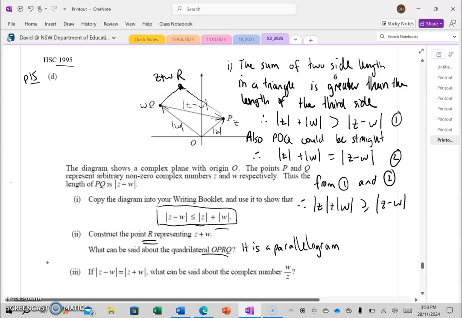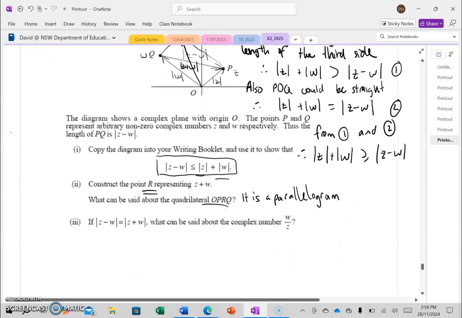Alright, let's keep reading. If the length of Z minus W equals the length of Z plus W, so if the two diagonals are equal in length, what can be said about the complex number W over Z? Okay, so let's have a think.